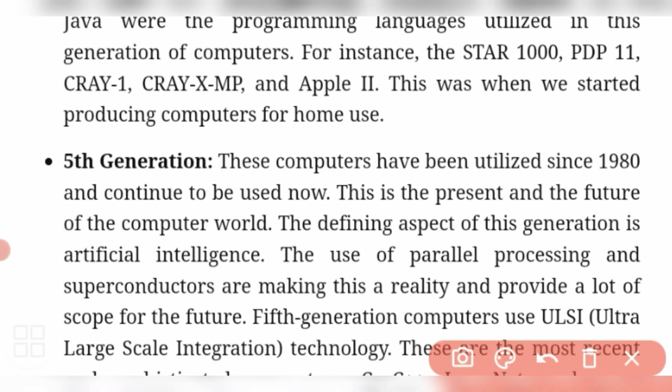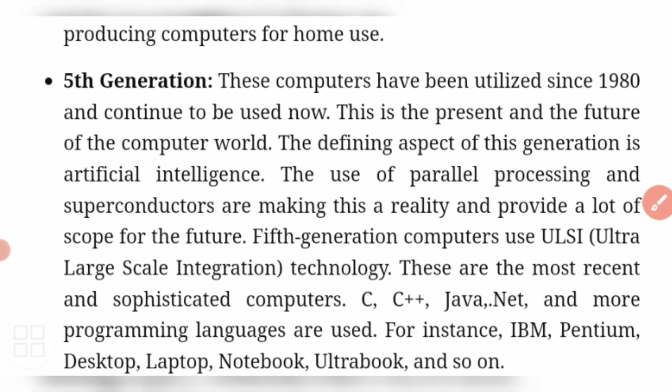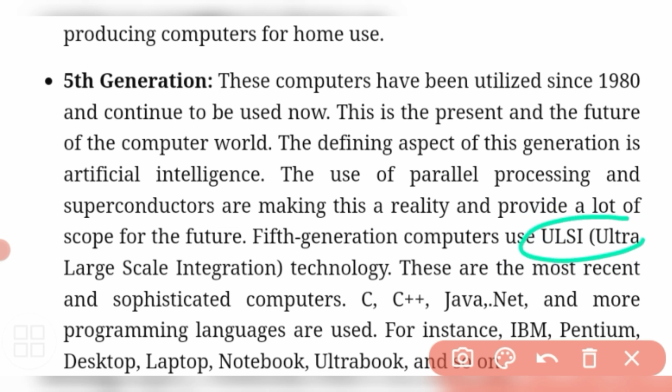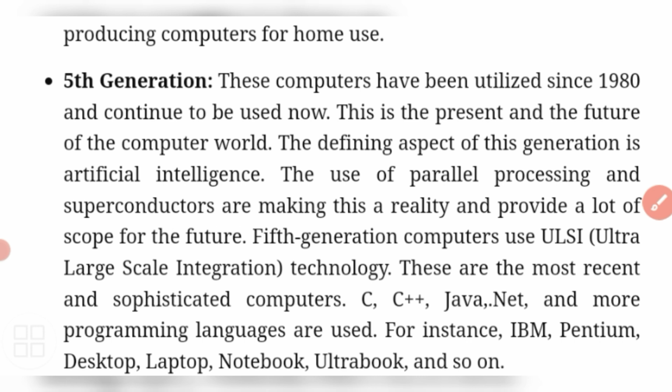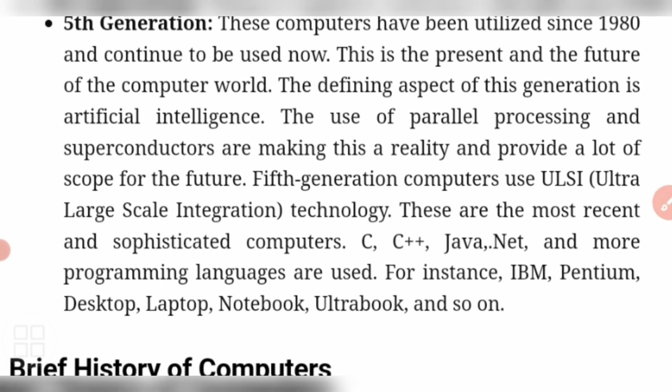And now we are in the fifth generation of computers, from 1980 till now. This is a generation where we have produced advanced languages. We have ULSI; fifth generation computers consist of large scale integration technology. These are the most recent and sophisticated computers. They are very easy to use and easy to carry, but we have made them very complicated inside, and they can do work like a human.